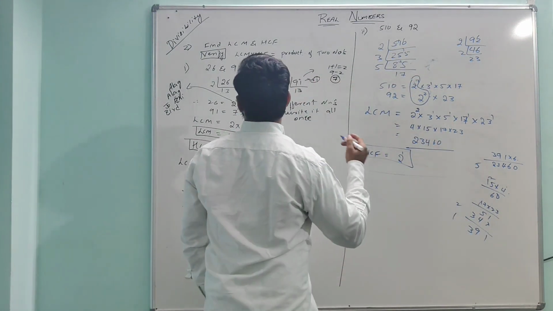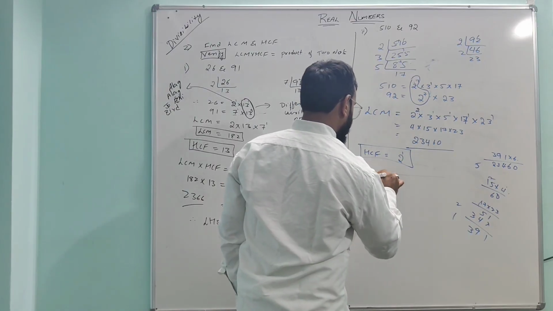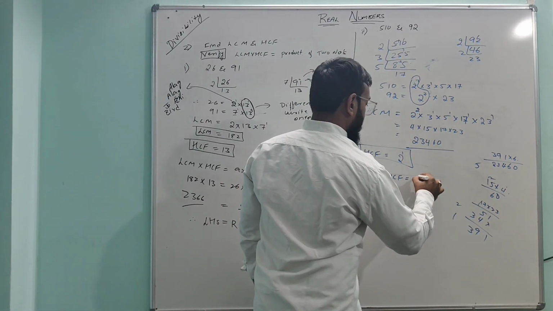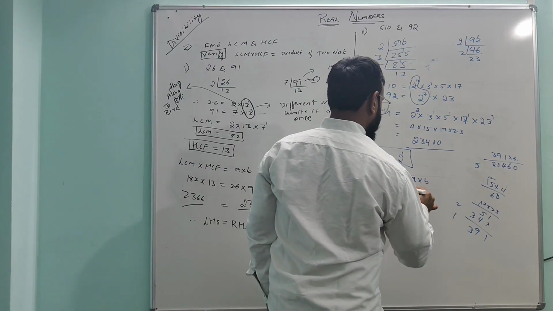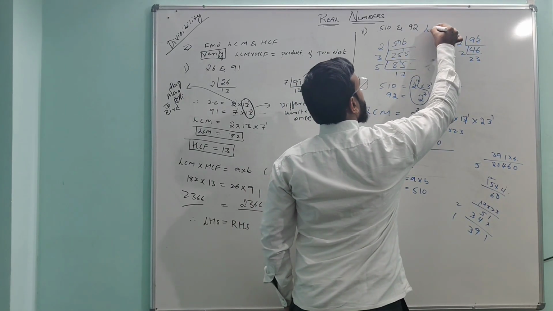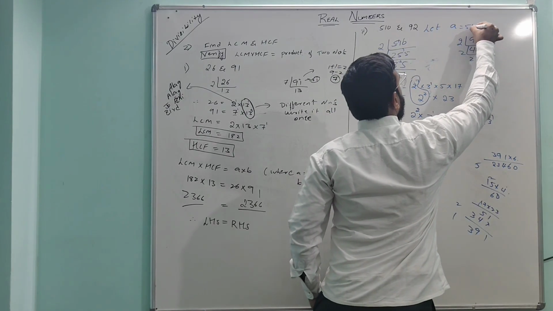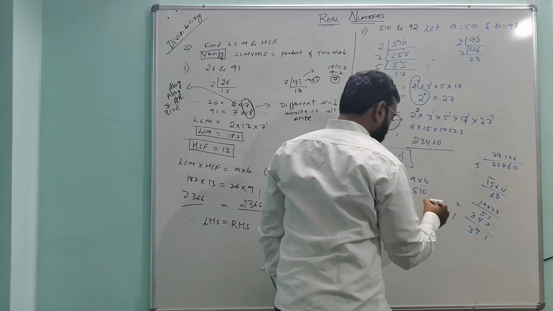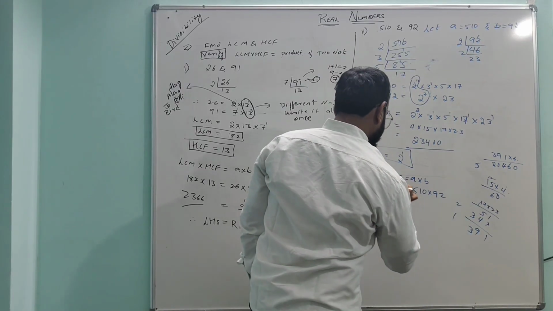Okay, we need to verify LCM into HCF is equal to the product of the numbers. We have A into B as 510 into 92. See, initially you mention here, let A be 510 and B be 92.